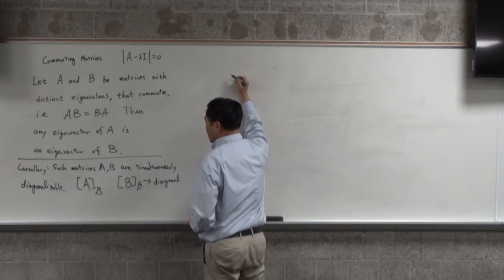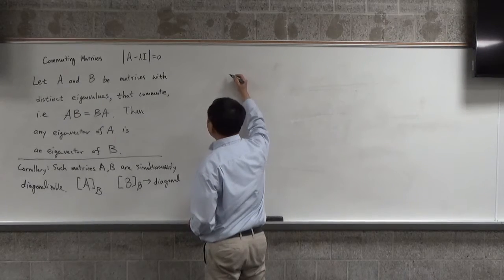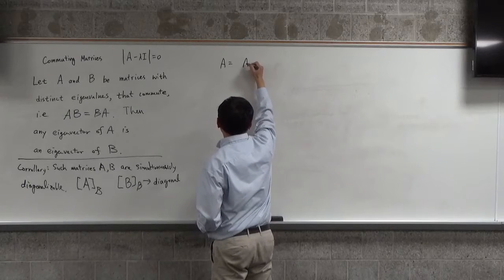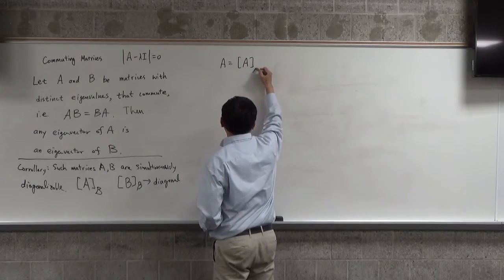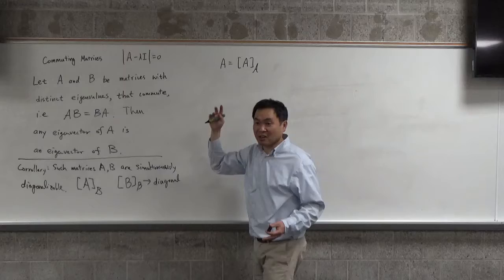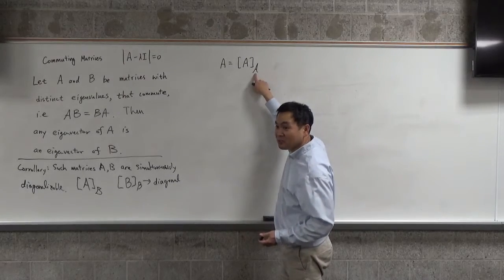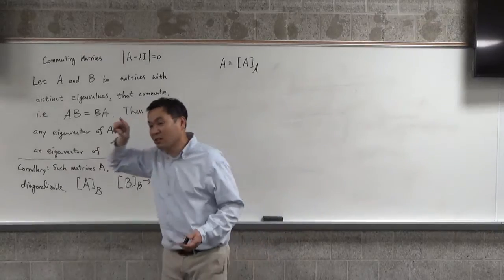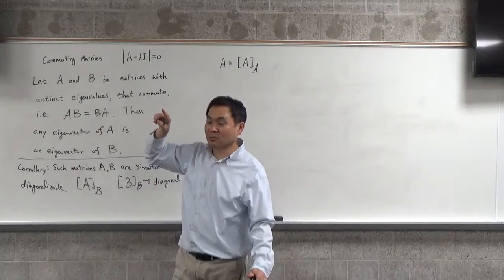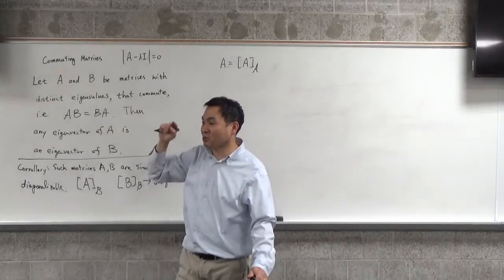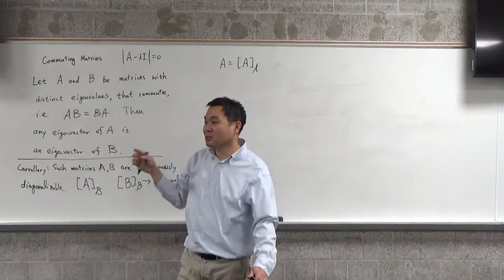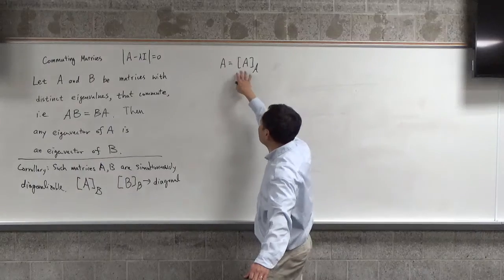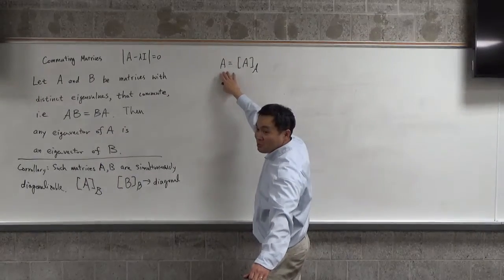So if I say that A is really written in some basis, think about this A as the basis using the standard unit vectors, like 1, 0, 0, 0, 1, 0, 0, 0, 1. Let's say that exists in the space, and if you write it, then this is the matrix that you get.